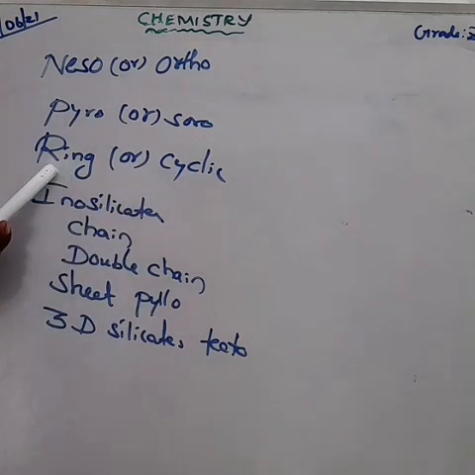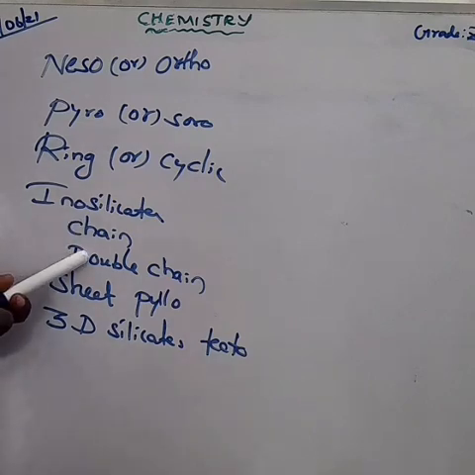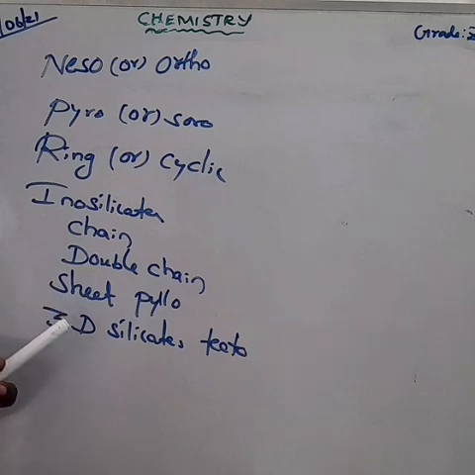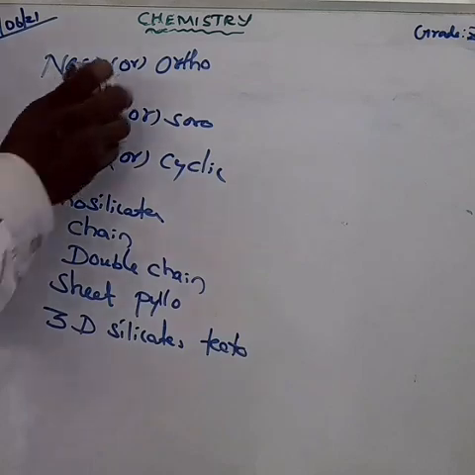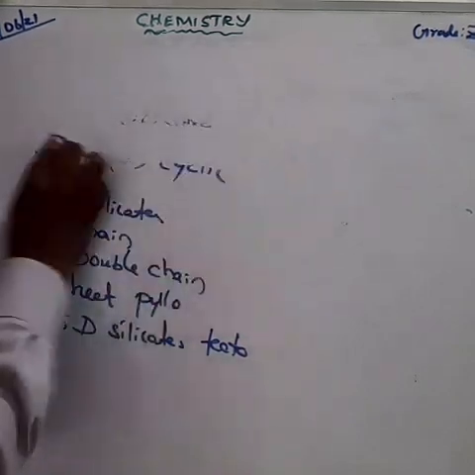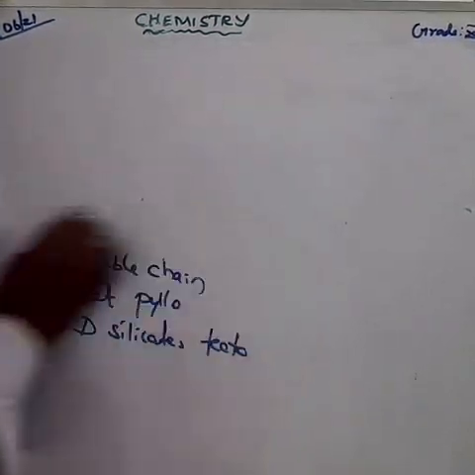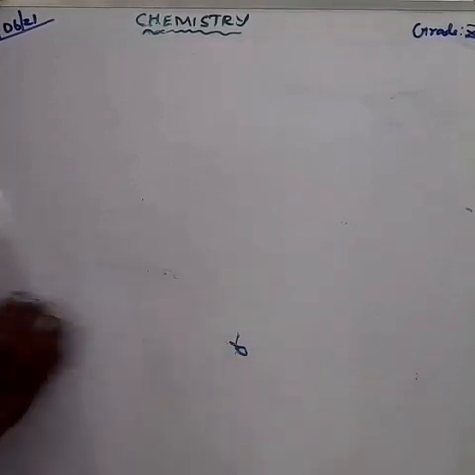The fourth is inosilicate. Inosilicates are classified into chain silicate, double chain silicate, sheet silicate, and three-dimensional silicate, otherwise called tectosilicate. Each one has a different structure. Okay, we have to learn that.